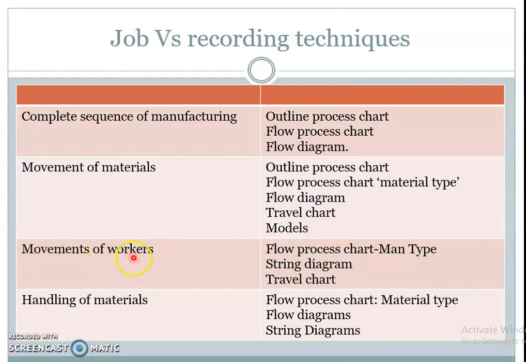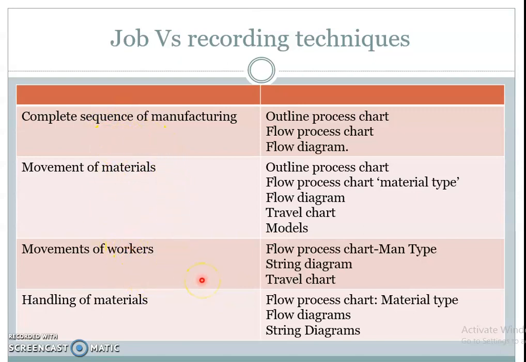Similarly, movement of workers can be recorded with the flow process chart, man type, string diagrams and travel charts. Handling of materials can be shown with the help of the flow process chart, material type, flow diagrams and string diagrams. These are the techniques used for recording these activities in an organization.